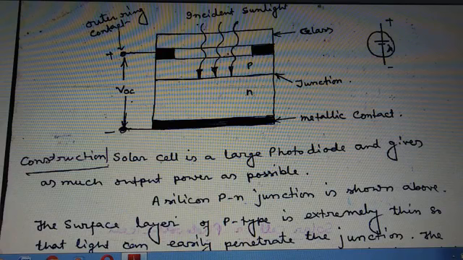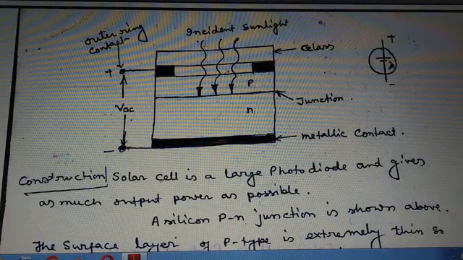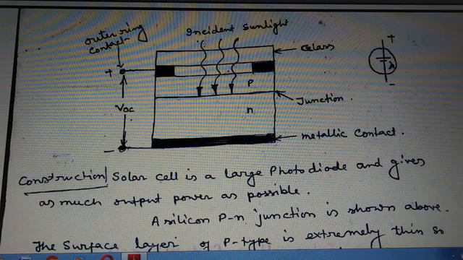The nickel plated ring is the positive output terminal, and the plating at the bottom is the negative output terminal. For maximum current capacity, the surface area should be as large as possible, and sunlight must fall perpendicular on the surface. So this is the sunlight which falls on the surface perpendicularly, and the p layer is the thin layer, whereas the n layer is the thick layer, and the n layer is connected with the metallic coating, and these are the two output terminal points.